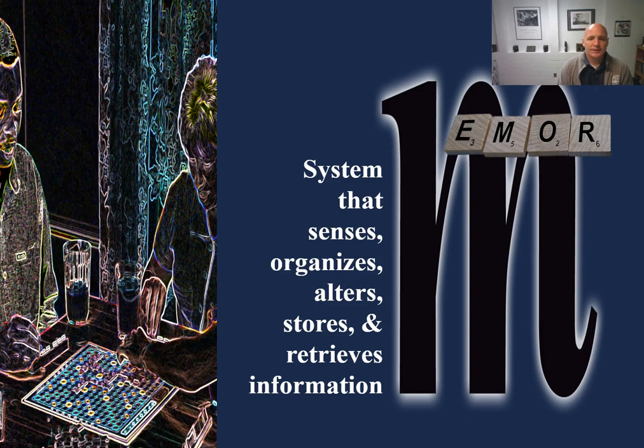Memory is a system that senses, organizes, alters, stores, and retrieves information. So if you look at the entire process, let's say you go to a party and you're introduced to someone. First, you need to sense them, meaning you have to see their face, hear their voice.